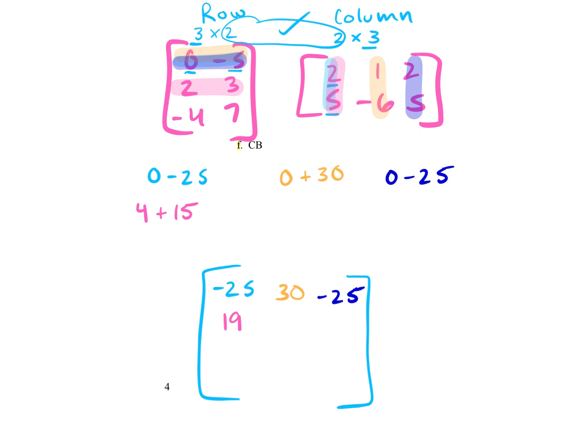So now let's do second row, second column. So 2 times 1 would be 2, and 3 times -6 is -18. 2 minus 18 would be -16. And then second row, third column. 2 times 2 is 4. And 3 times 5 is 15, and 4 plus 15 is 19.